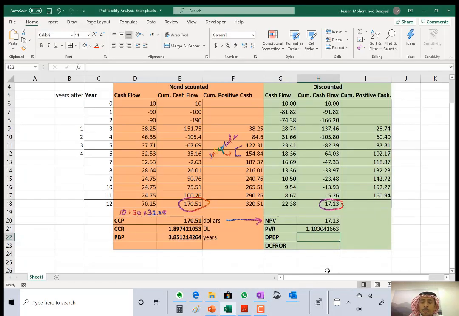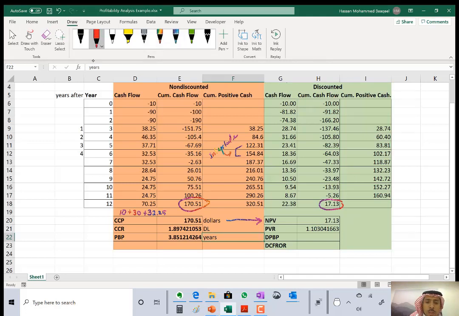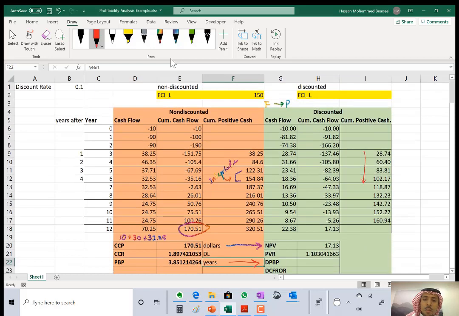So let's proceed. All right, discounted payback period. This is analogous to this one here, payback period, but this time for the discounted. So we have to go down this column and find the discounted FCI. There's a tricky part here. Previously we were looking for this number here, 150.